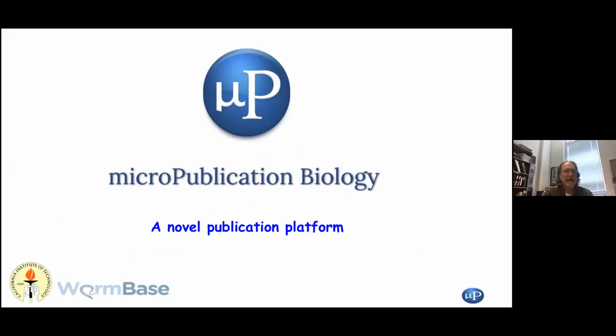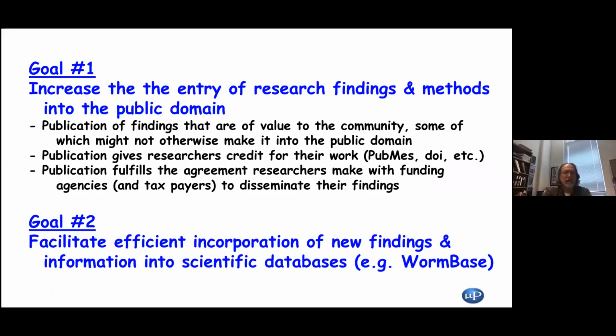So MicroPublications is a novel publication platform, and we started it really with two major goals. The first goal is to increase the entry of research findings and methods into the public domain. These would be findings that are of value to the community, and some of these might not otherwise make it into the public domain.